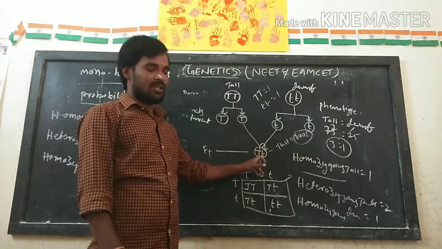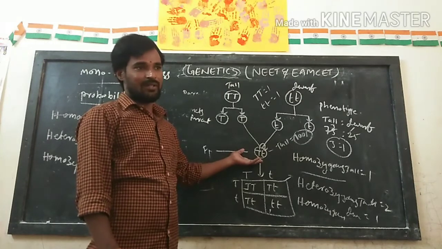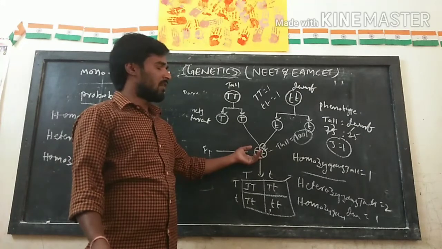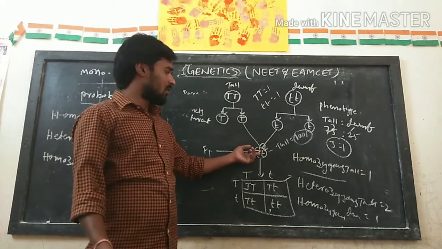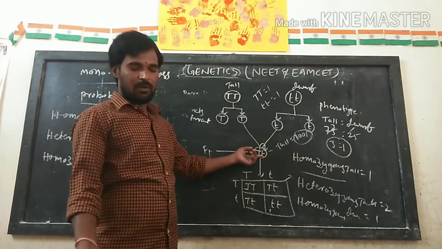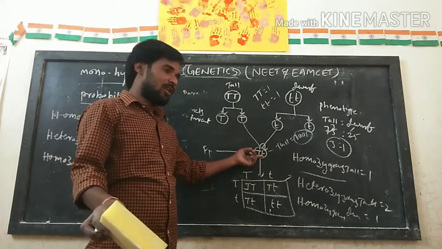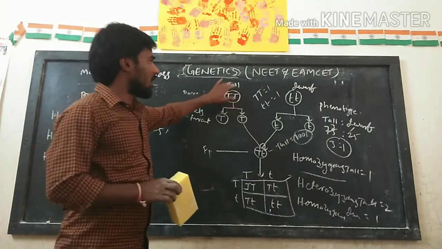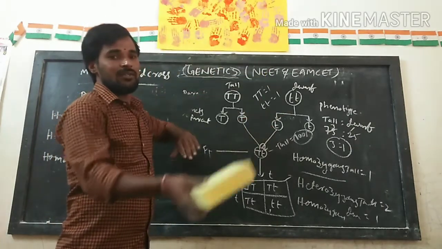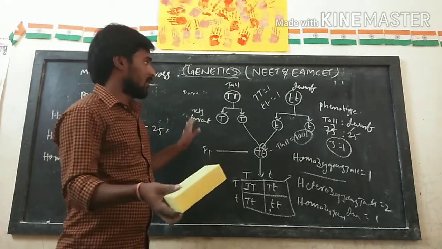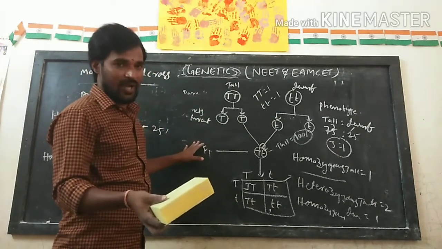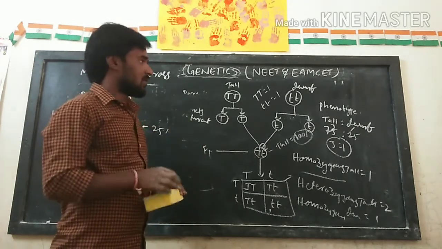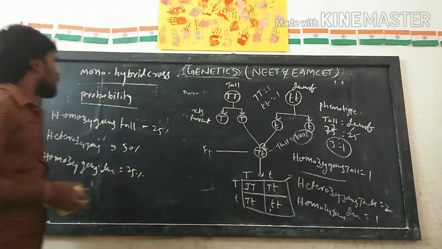Here in the F1 generation tall is there, that is why the law of dominance is satisfied. If dwarf is present instead of tall, then also the law of dominance is satisfied. But if some other character appears instead of tall or dwarf, then the law of dominance is not satisfied. That is called incomplete dominance. So this is about the monohybrid cross.